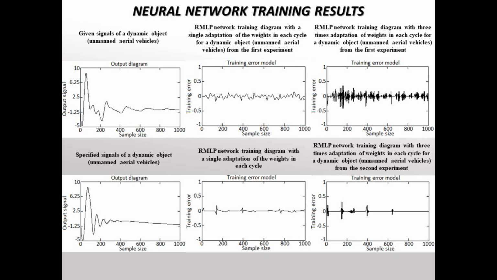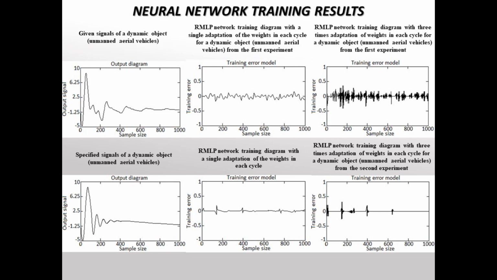You can see given signals of a dynamic object, unmanned aerial vehicles. RMLP network training diagram with a single adaptation of the weight in each circle for a dynamic object, unmanned aerial vehicles, from the first experiment.